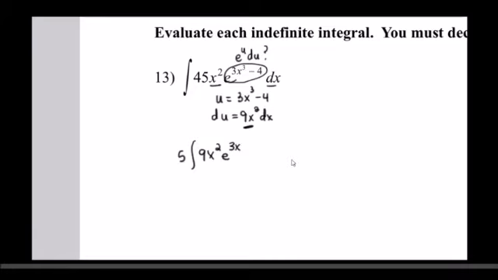And then we'll be able to write this as 5, and then this just gets replaced with e to the u, and then the 9x squared dx gets replaced with du. And if you remember, because I hope you do, this is an easy one to remember, the integral of e to the u is just e to the u.